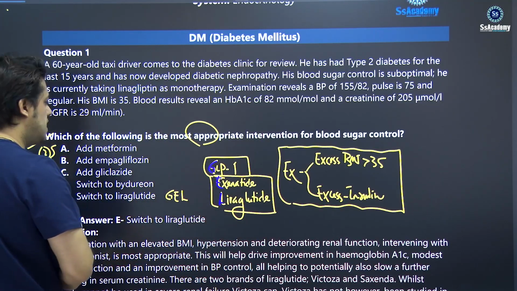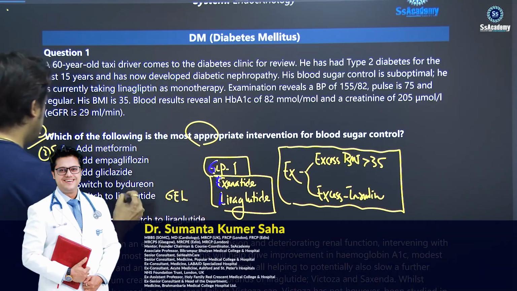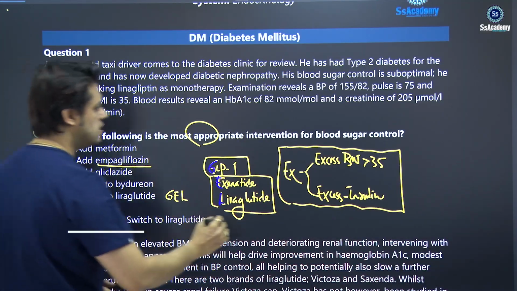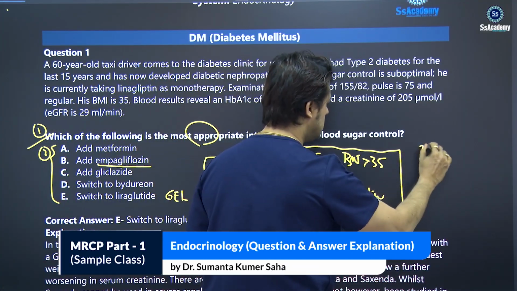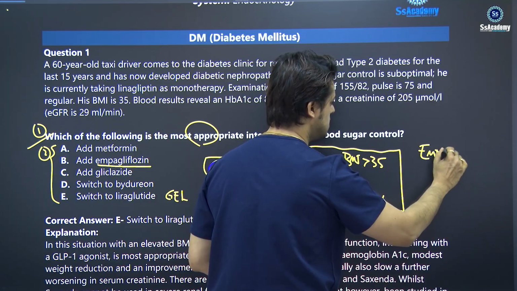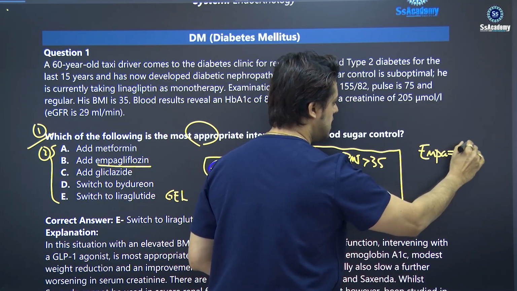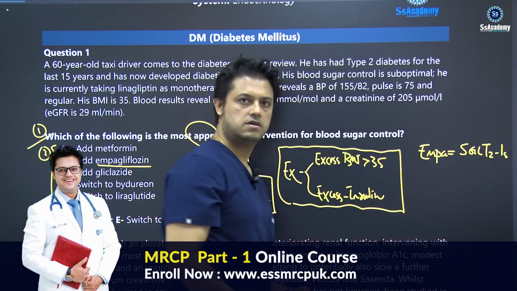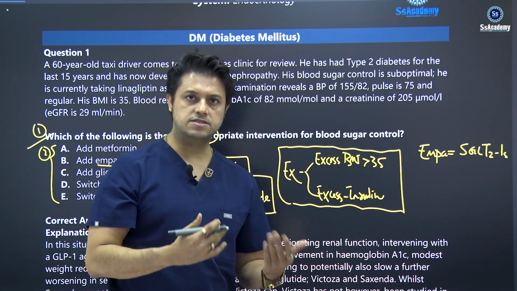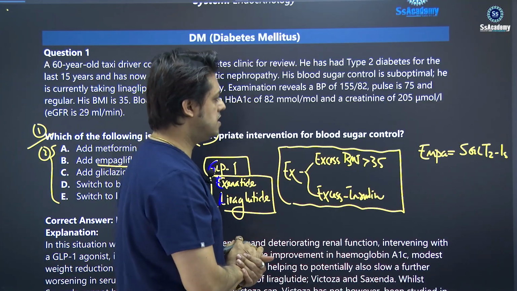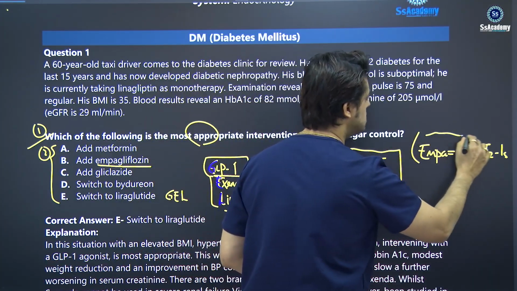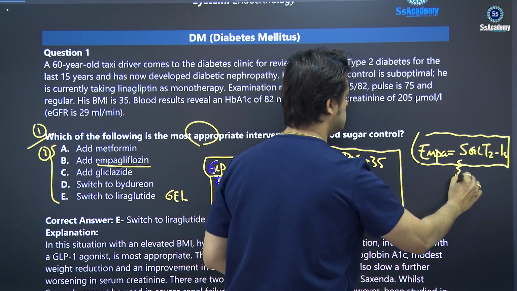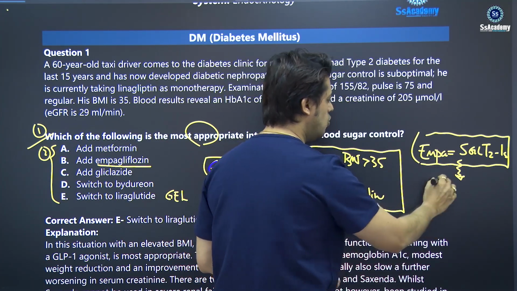And another thing, if you go back to the empagliflozin, this is a drug, yes, the empagliflozin is nothing but the SGLT type 2 inhibitor. You will have very good lectures on the SGLT type 2 inhibitors, but you must know these drugs also can be used with the obese.